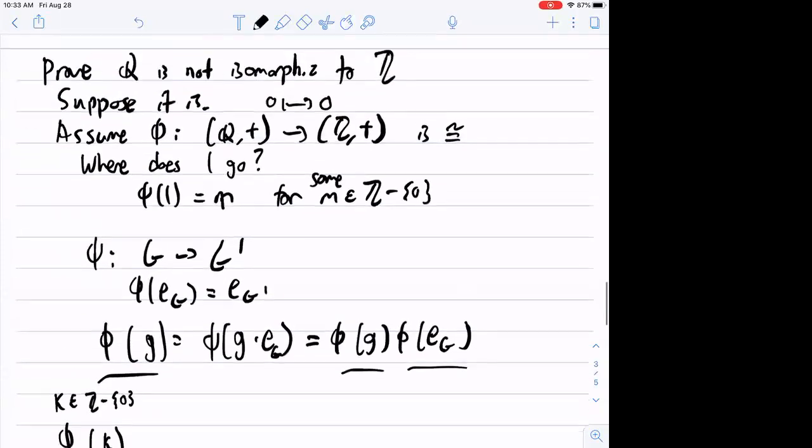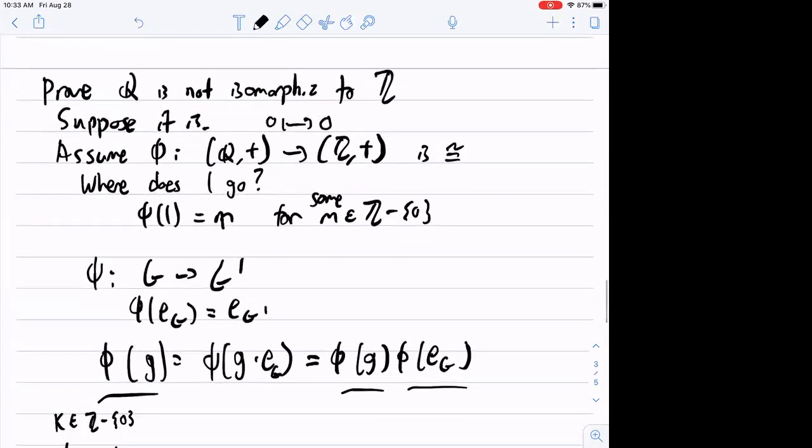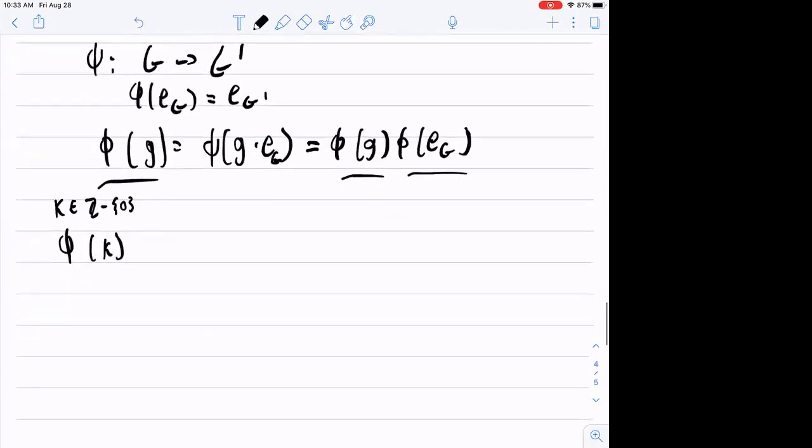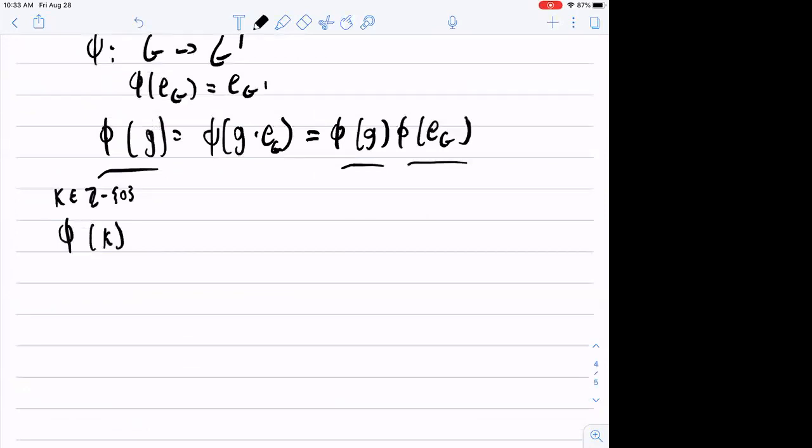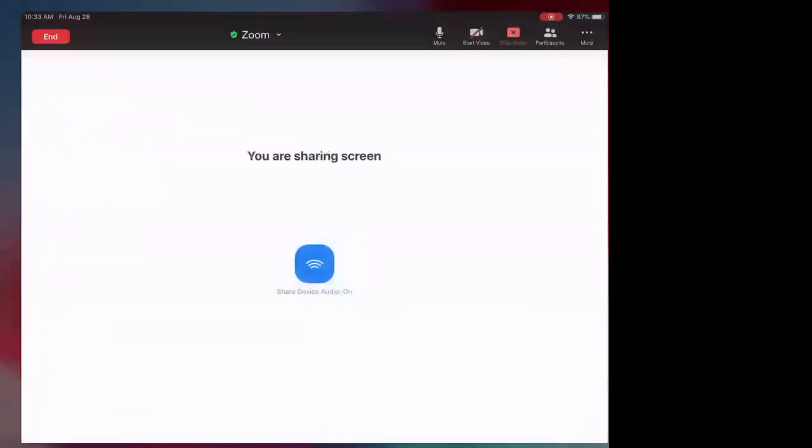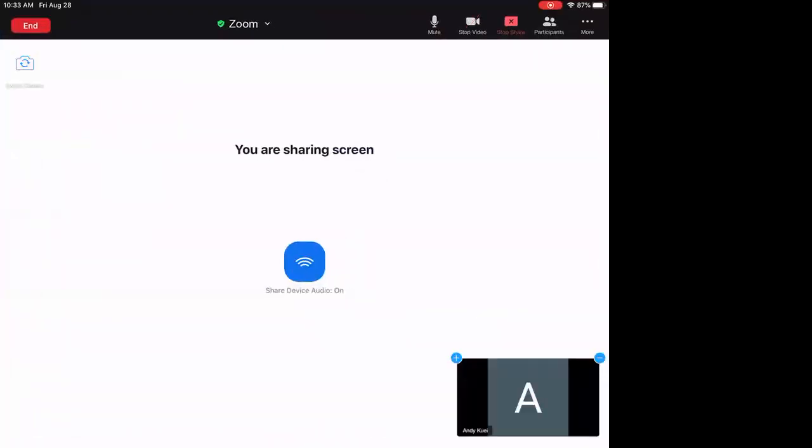So we're going to consider, because the rationals certainly contain the integers, where the integer 5 goes, for example. Let's start with 2. What's phi of 2? Would it just be 2?